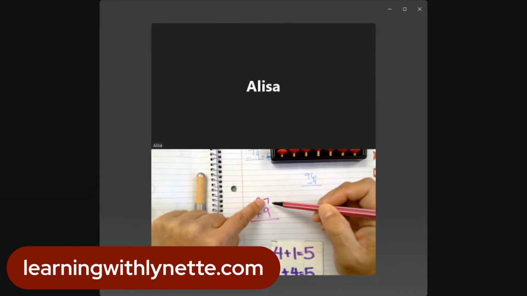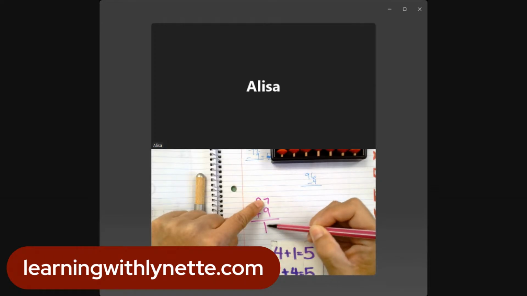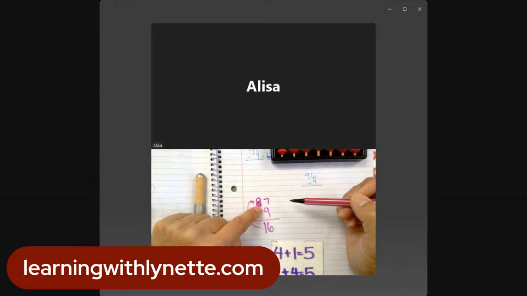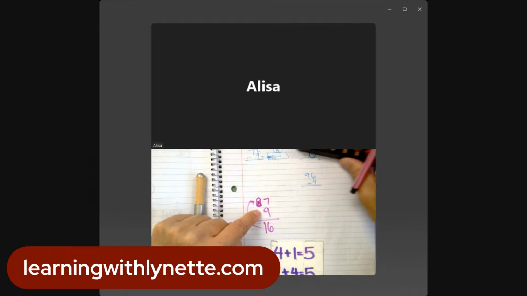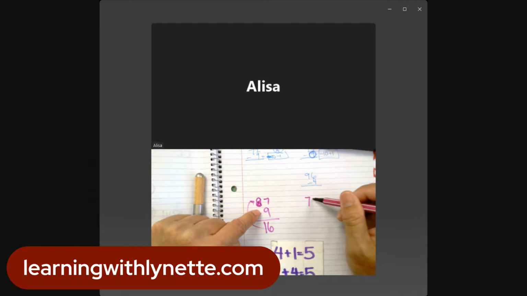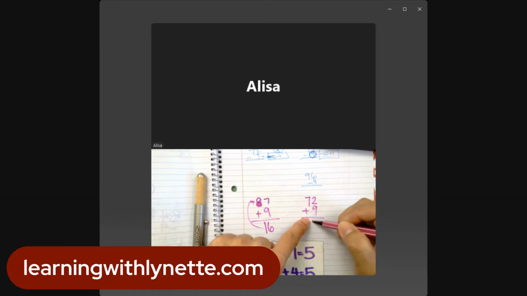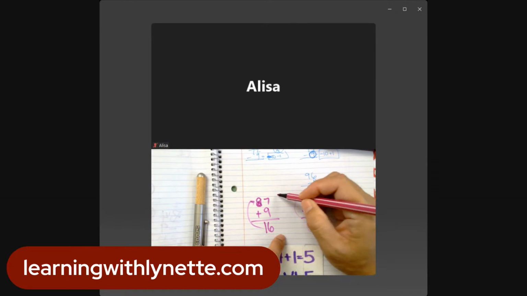They add everything. They add this together to make 16. And then they take this and they put it into here. So it's still the same thing. Whereas if we did 72 plus 9, they count up to 11, and then they take this and put it into here.